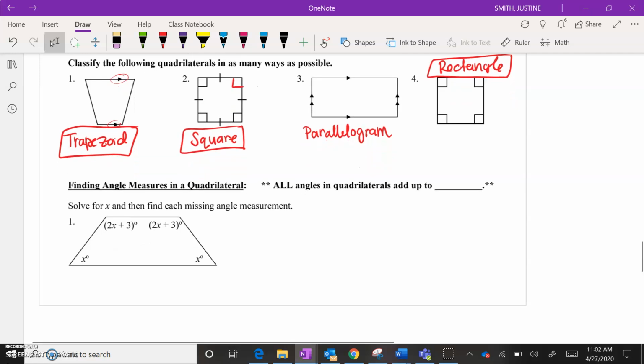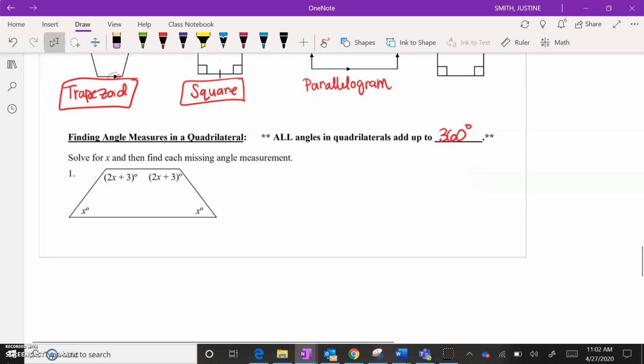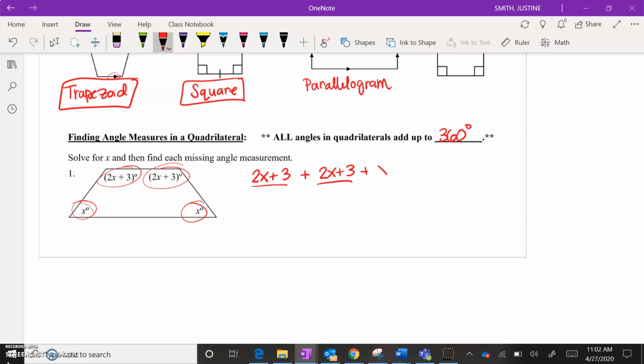All right, and then the next thing we're going to do is finding the angle measures in a quadrilateral. All angles in a quadrilateral are always going to add up to 360 degrees. So we know that all four of these angles have to sum to 360 degrees. So we're going to add up all four of the angles: 2x plus 3 plus 2x plus 3 plus x plus x.